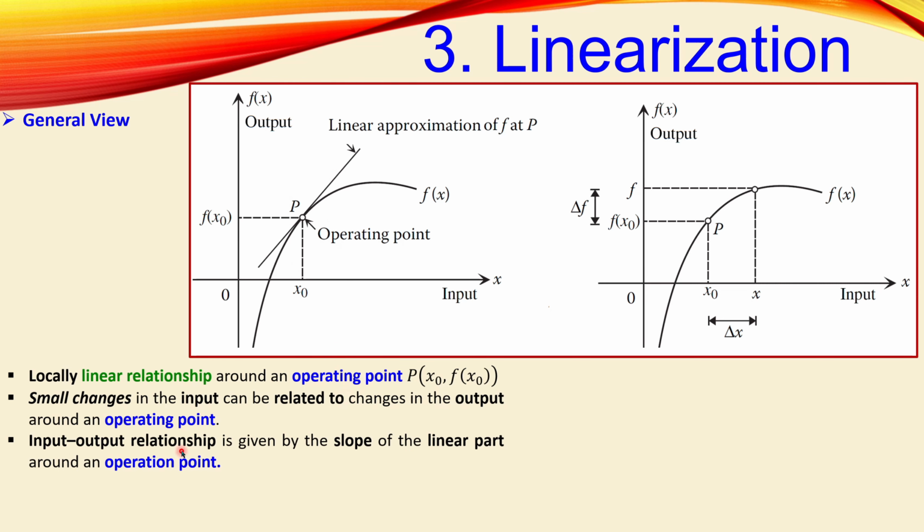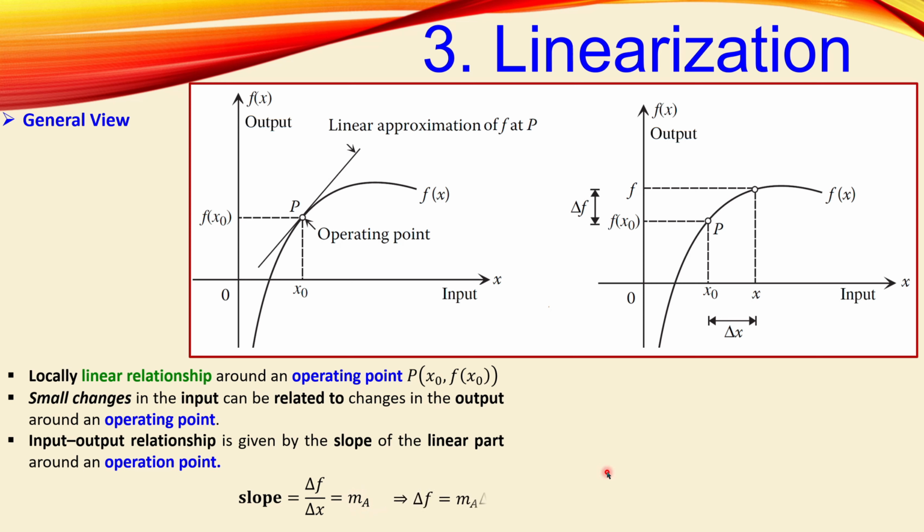The input-output relationship is given by the slope of that line at that operating point. So that slope is the difference in y over the difference in the x input, which is just called, let's say, a slope, which I have called here MA.